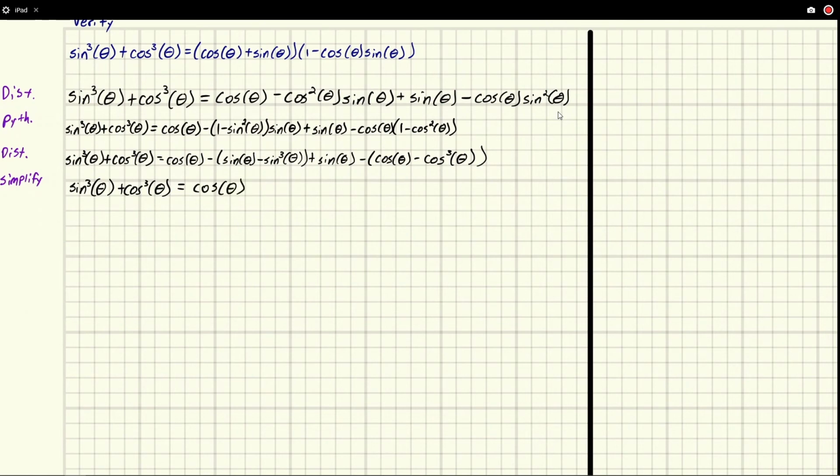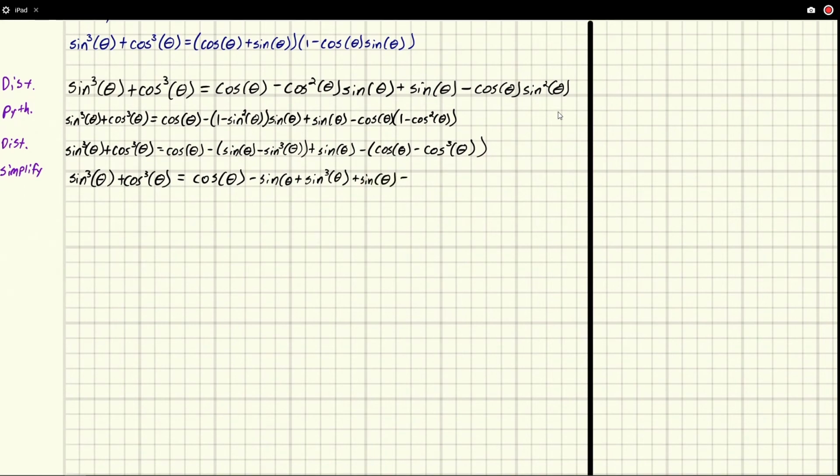So we're going to go cosine theta minus sine theta plus, let's be really rigorous, what the heck, sine cubed theta plus sine theta minus cosine theta plus cosine cubed theta.